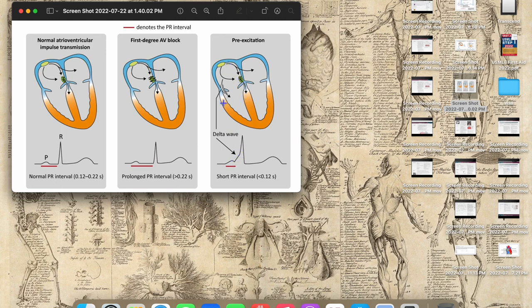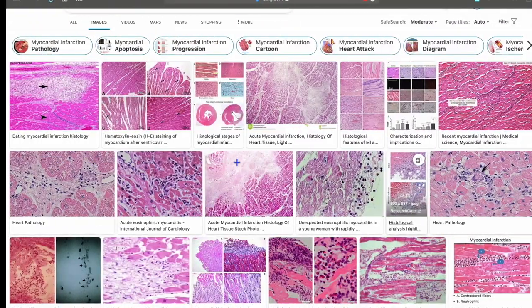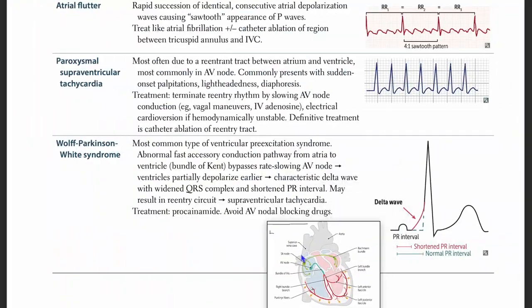However, since it also gets excited by the AV node, it takes some time to repolarize, right? Because otherwise it's going to get fatigued. So while it's repolarizing, if you do another one, it's just going to take a little longer to cause contraction. So that's why you're going to have a wider QRS wave. Okay. So it results in re-entry supraventricular tachycardia.